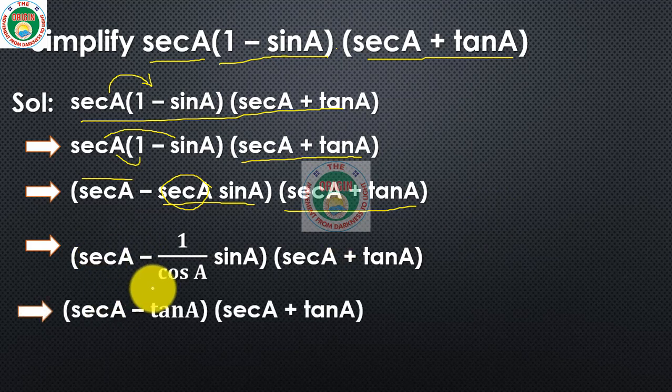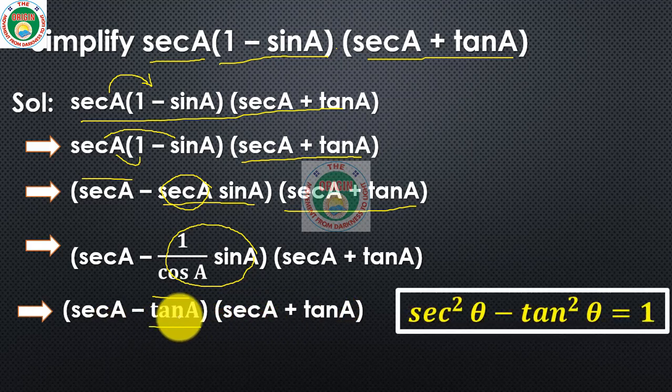Next, 1 by cos A into sin A is sin A by cos A, which is tan A. So in place of this, I write tan A. Sec A minus tan A into sec A plus tan A.